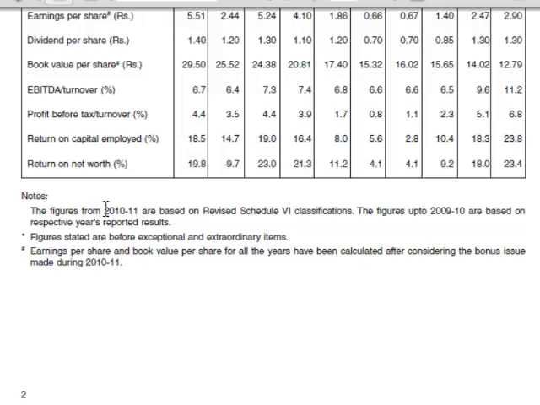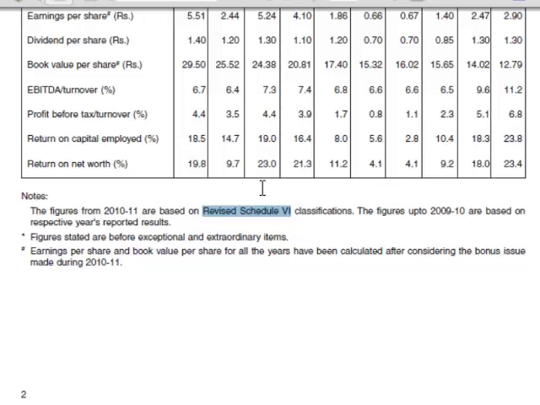The figures from 2010-11 are based on revised Schedule 6 classification. Up to 9-10 are based on respective years reported results. So we saw that in the earlier companies as well, that 2010-11 onwards we had the revised schedule 6, which means the modeling period that we have, 9-10 we started, then 10-11. So 9-10 annual report that we have taken, that would be from the old schedule 6.